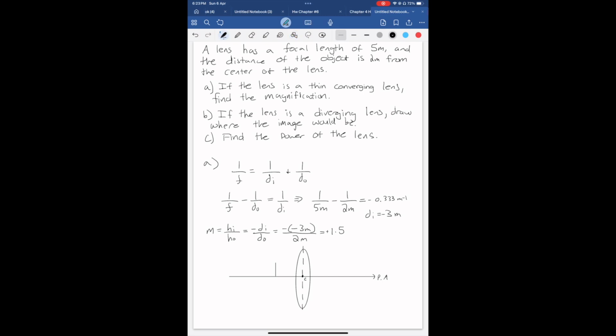We're going to draw the height of the object. And what this magnification tells us is that the image will be on this side of the principal axis instead of this side. That's because when the image is on this side, it would be inverted, meaning the magnification would be negative, but we see that it's positive.